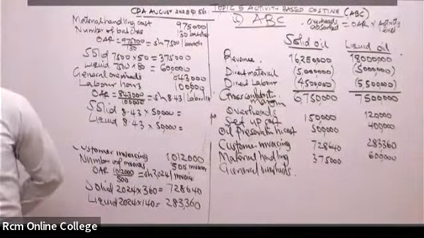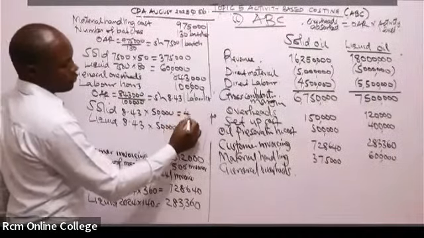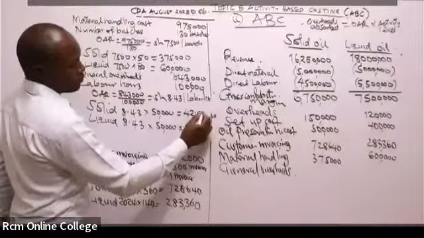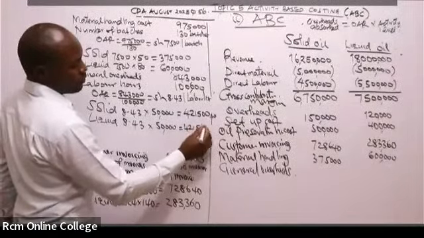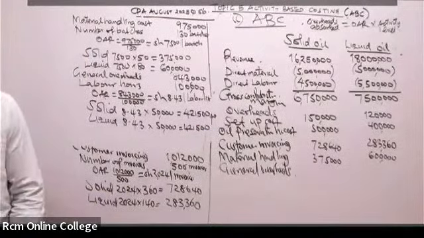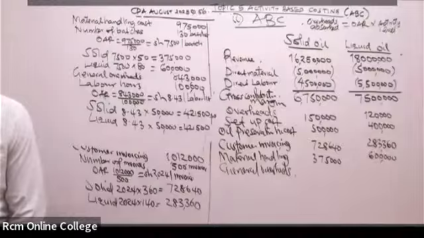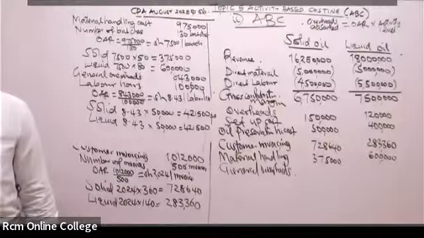What do we have for the solid? 421,500. 421,500. Are we all getting that? Thank you.